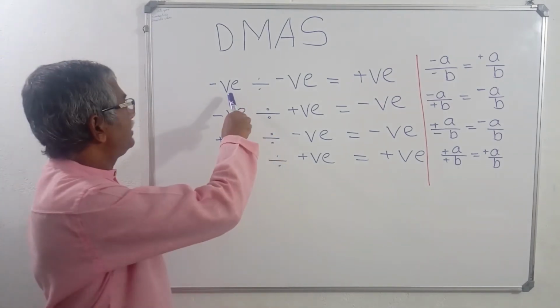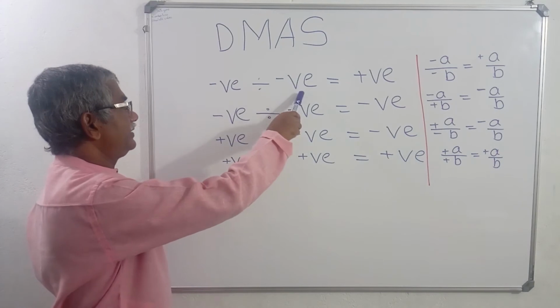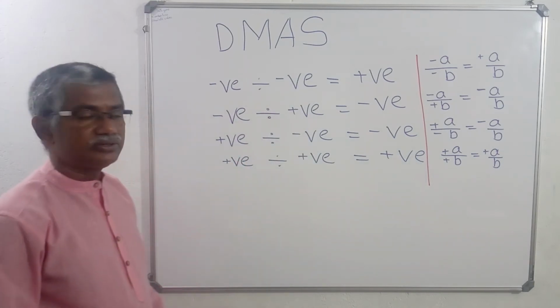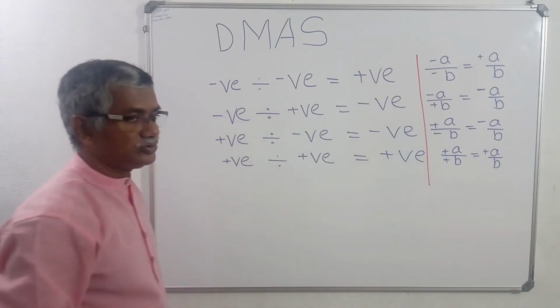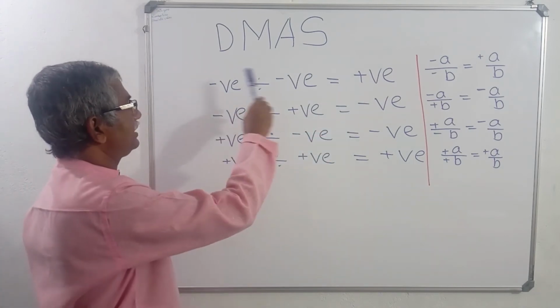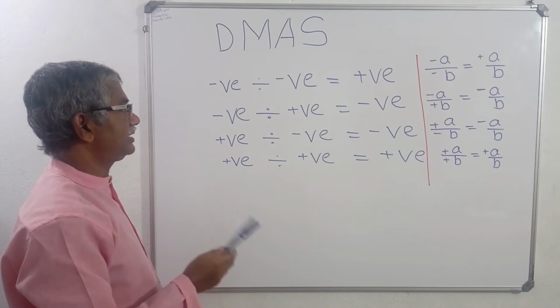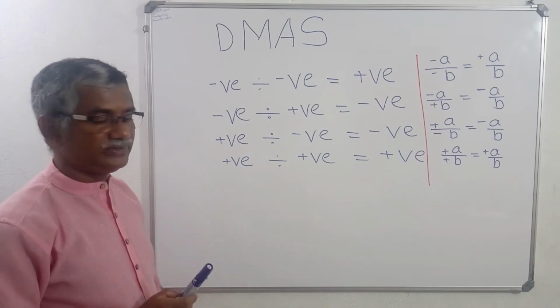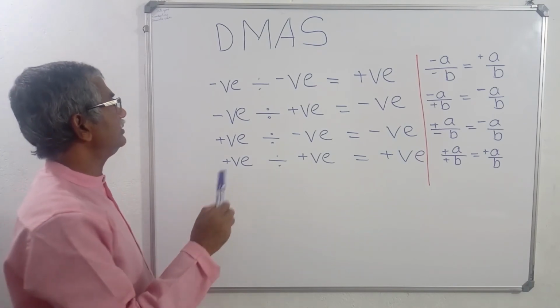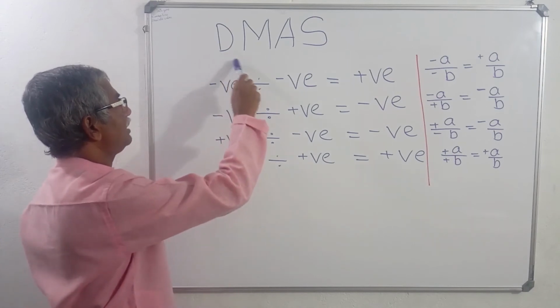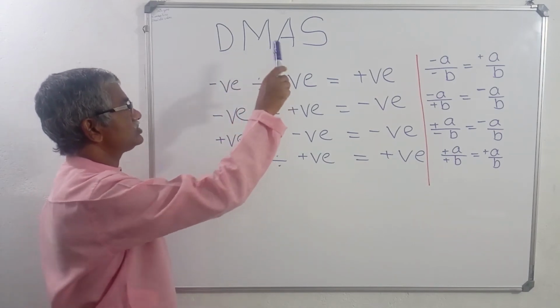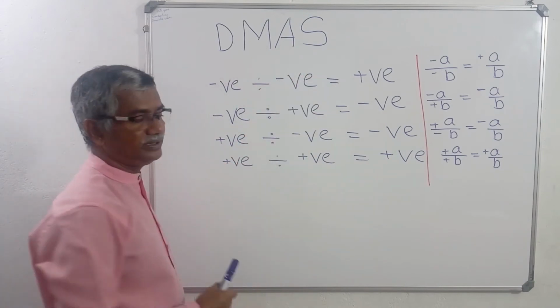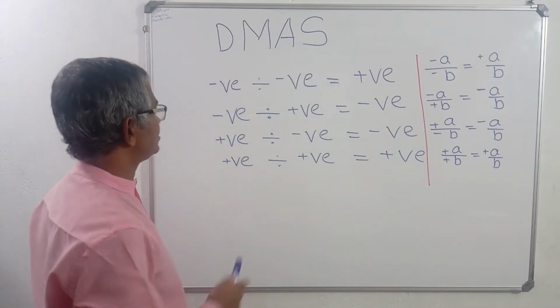A negative number is divided by another negative number. Surely the answer will be positive. You should not say negative and negative, getting negative or positive. The answer may be correct or not. In case of division and multiplication, the answer may be the same, but in case of addition and subtraction, it can be a different answer.